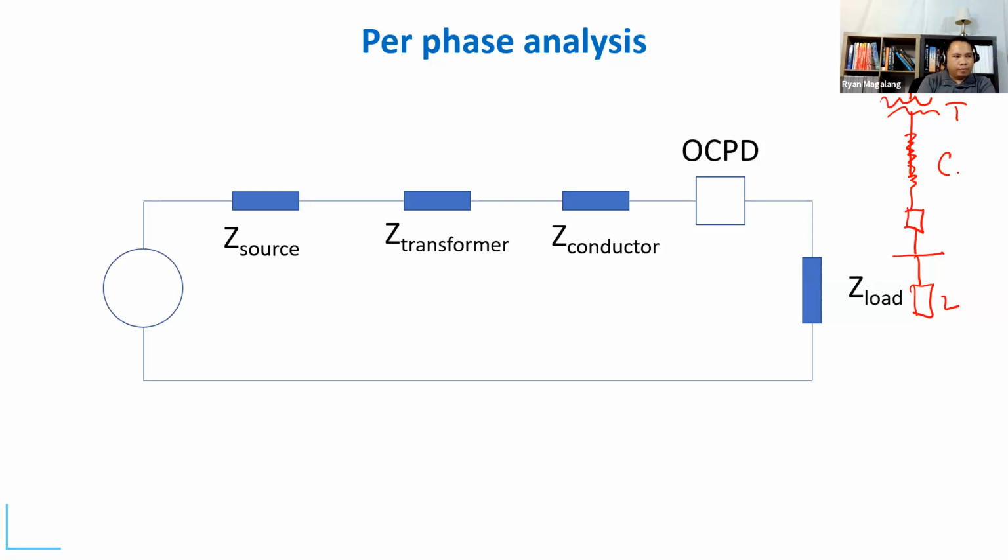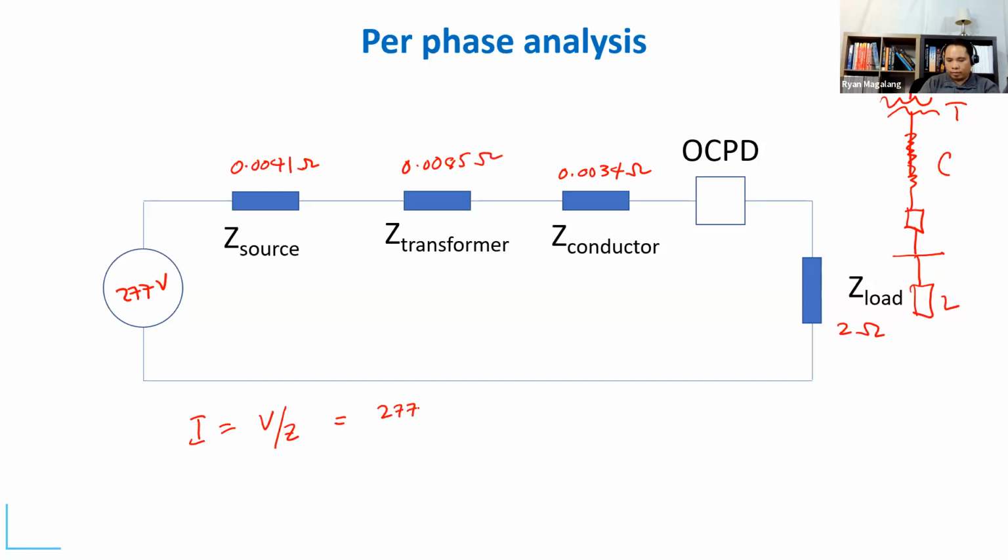So let's put some values for context. Suppose this is 277 volts, line to neutral, and your source impedance is given in ohms, and let's say this is 0.85 ohms, and your conductor, and your load is 2 ohms, let's say. So your current is simply V over Z, you would total your impedances.